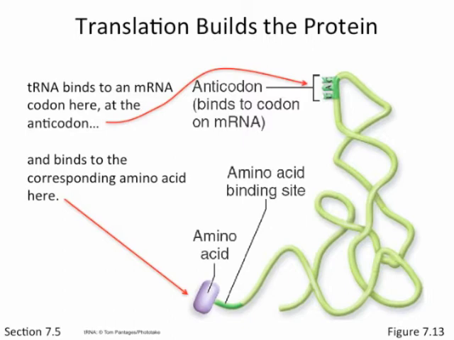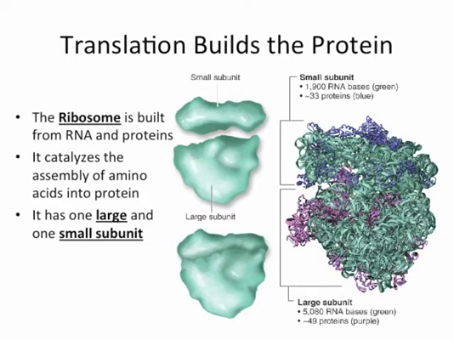Okay. So the location where the tRNA and the mRNA meet up is the ribosome. And this is what a ribosome looks like. So a ribosome is built from RNA and proteins. So it's rRNA, ribosomal RNA, mixed with proteins.